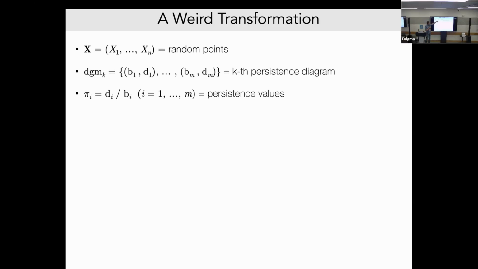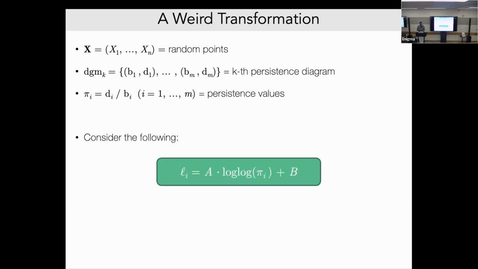We look at the persistent diagram as a collection of pairs. We compute those ratios, so we have a list of numbers. And now instead of looking at the distribution of these values, we apply this weird transformation. We take the log of pi, there's some constant here, there's some constant there, and then we have these new values Li. So we have a collection of new values from this normalization or transformation. A and B are something that we know from the experiments what they should be.